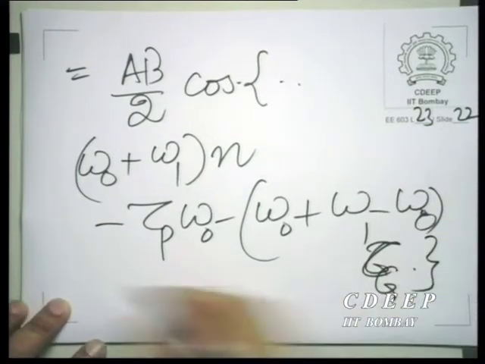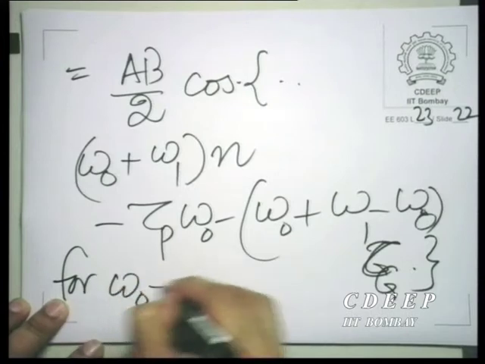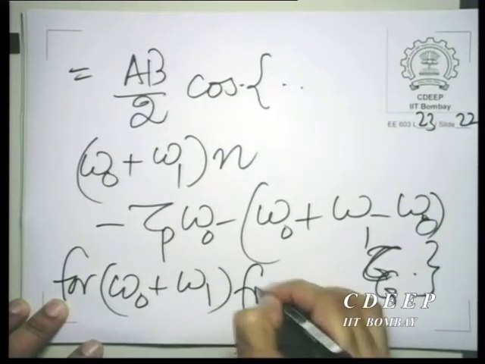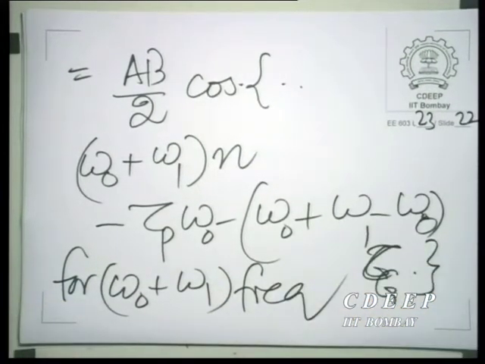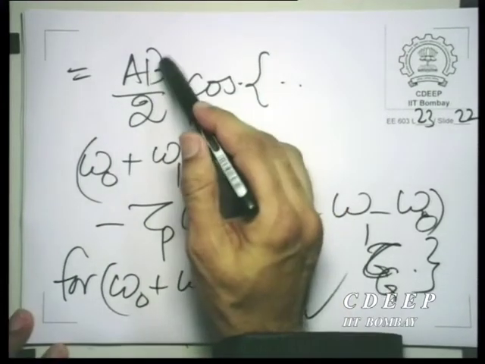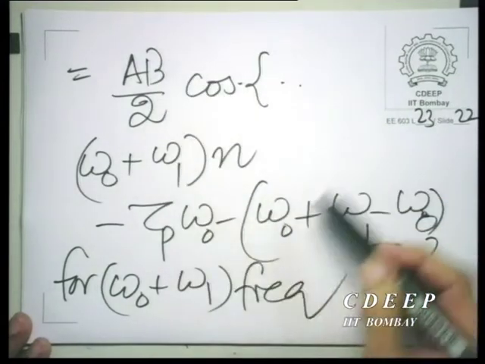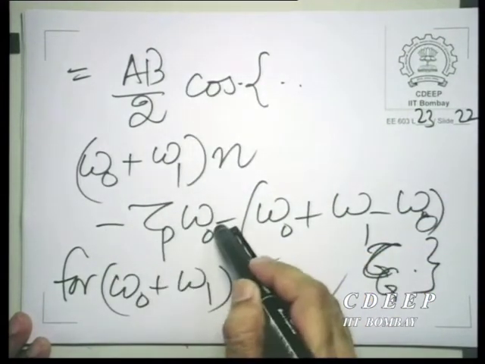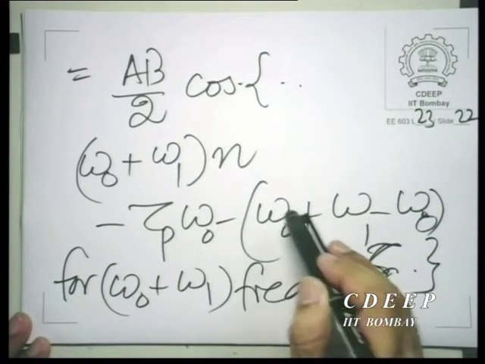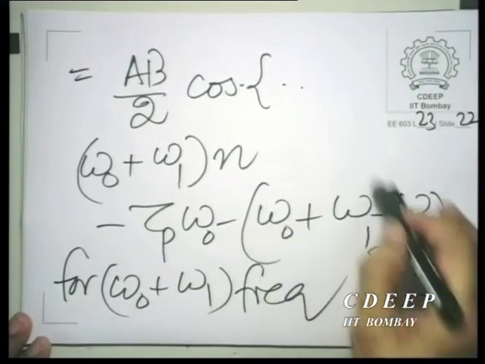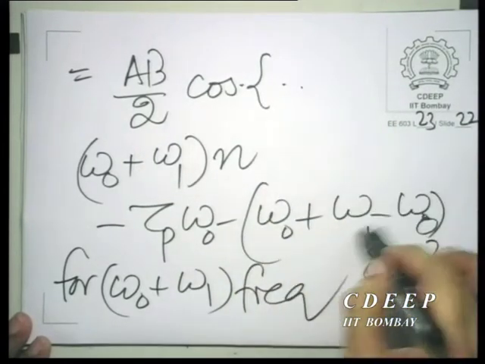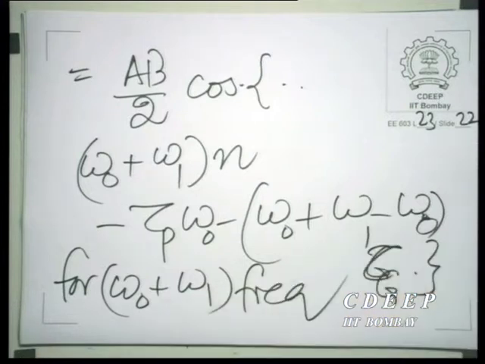So here you have again multiplied the magnitude by B and added a phase of minus tau p omega naught minus, now in place of omega you have put omega naught plus omega 1, so omega naught plus omega 1 minus omega naught times tau g.